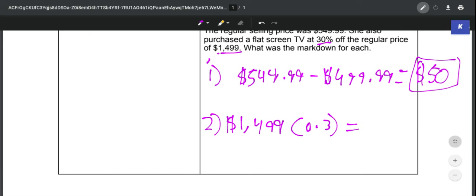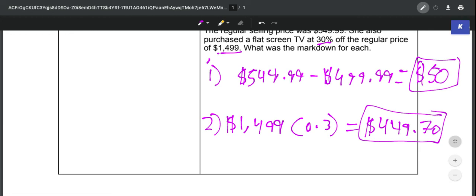That would be a markdown of $449.70. So essentially, it is that much cheaper, $449.70 off of the regular price.